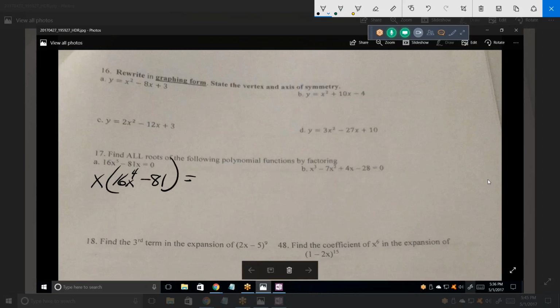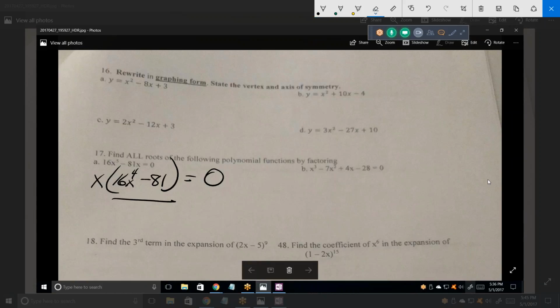So now, what do I say next? In other words, either x has to be 0 or that thing has to be 0. That's what I would say next.